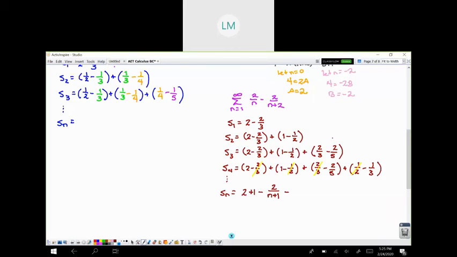Let me back up and rewrite the 1/3, because it's actually 2/6. So using that term, this is 2 over n plus 2.